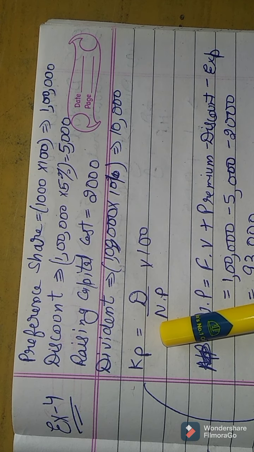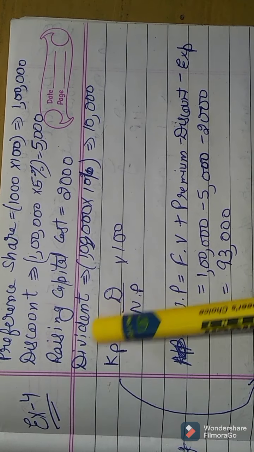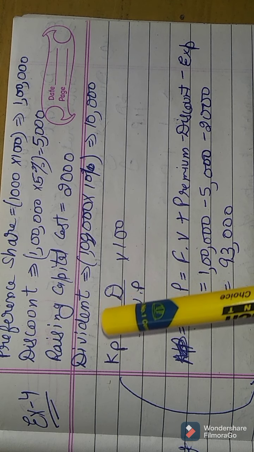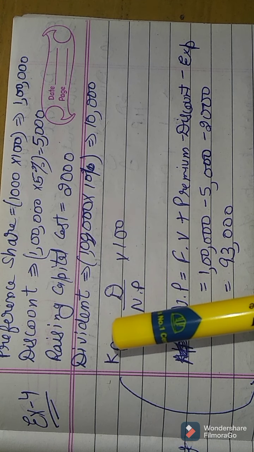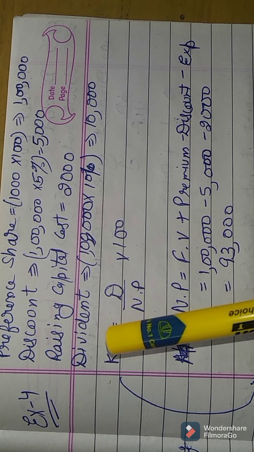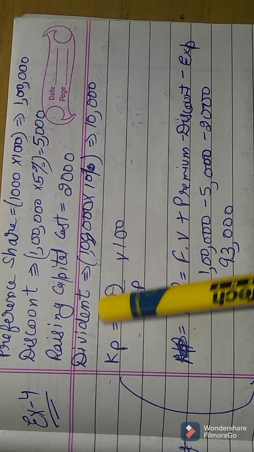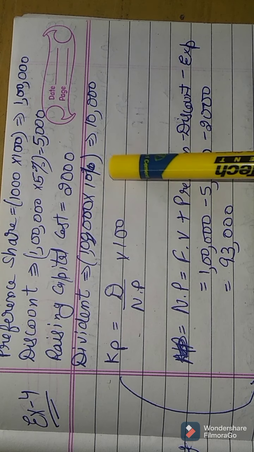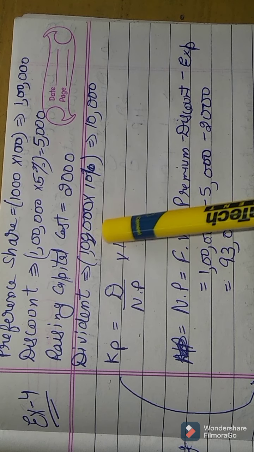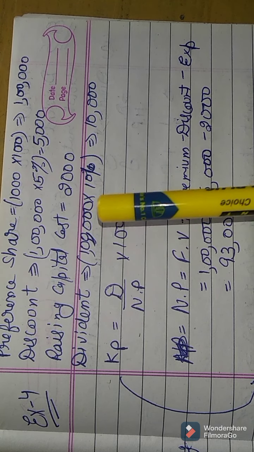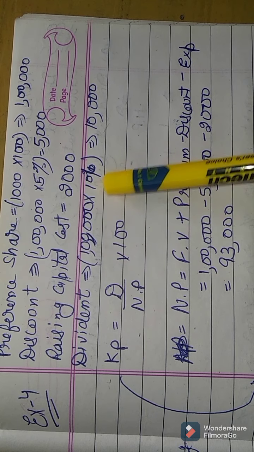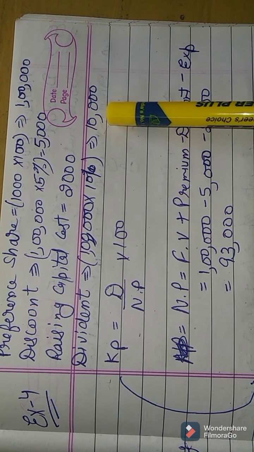Dividend. You know that on preference share, interest is not given. On preference share, dividend is given. So instead of interest we calculate dividend. Dividend is 10% on the preference share amount. Okay? 10% on 1 lakh, which is 10,000.